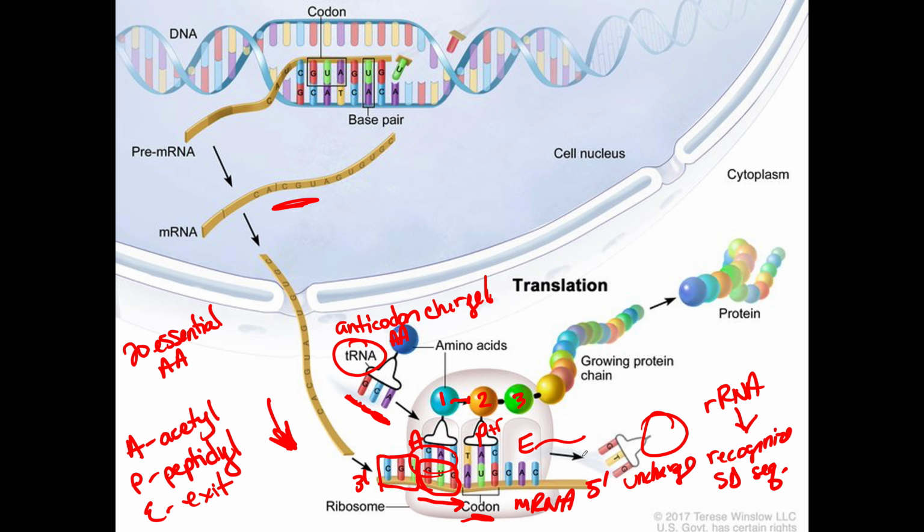Now this will continue until it reaches the 3' end of the mRNA transcript, where there's a termination sequence. And that termination sequence will cause everything to fall apart and release the protein, the primary sequence of the protein, to finish its folding.